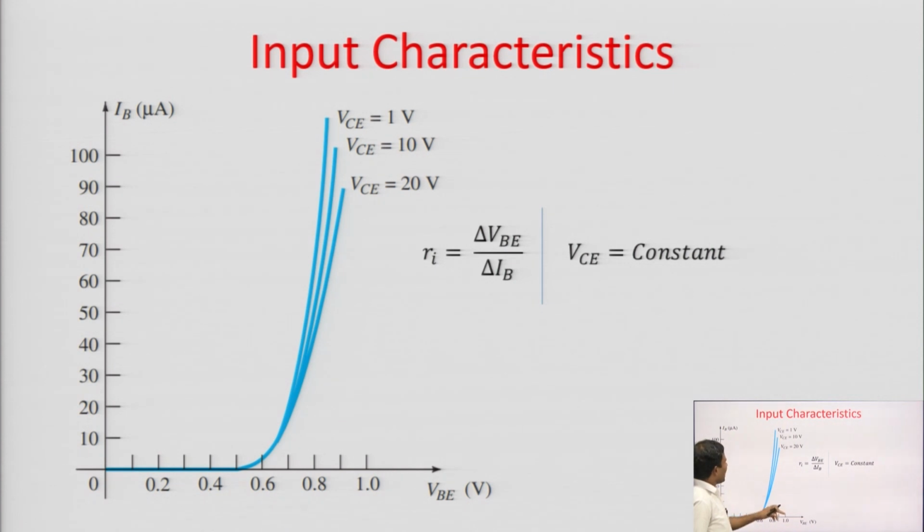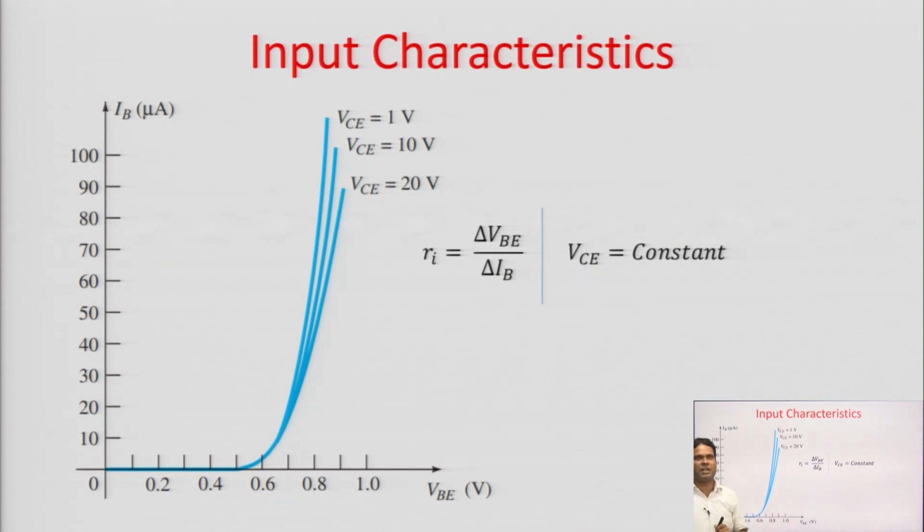Now, if a third one draws the input characteristics taking VCE, that is output voltage, 20 volt, then his slope is least. This means if we increase the value of VCE, the slope of the graph decreases. This means input resistance increases.